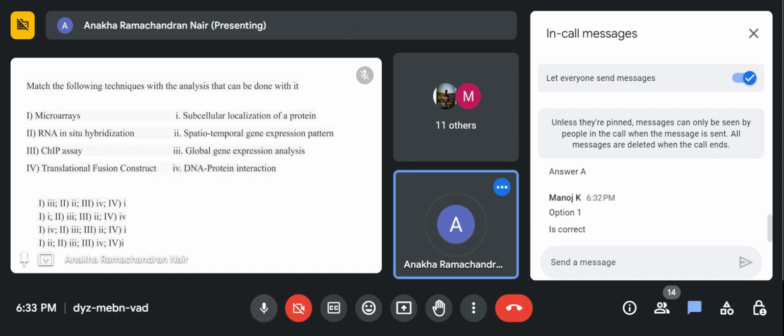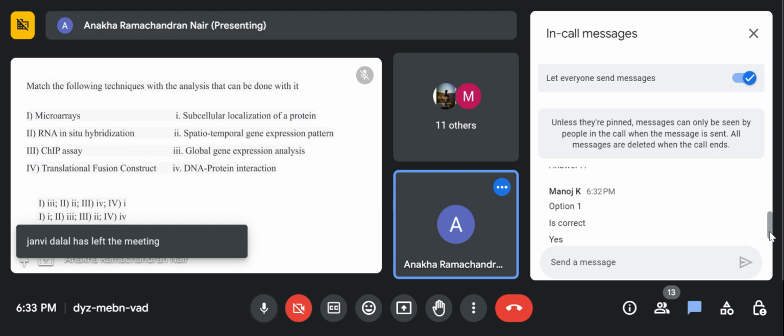All right. So I'm seeing option 1 is being said to be correct. Anyone else think it's something else?